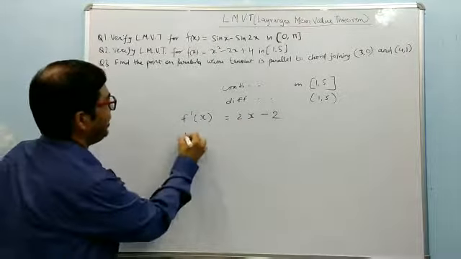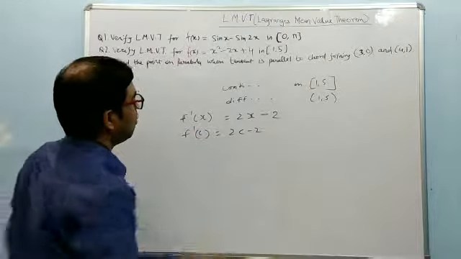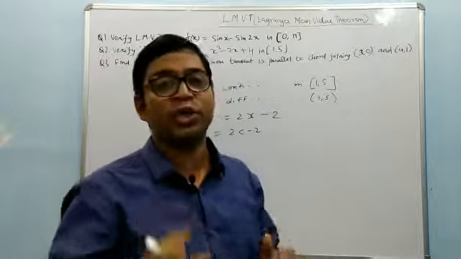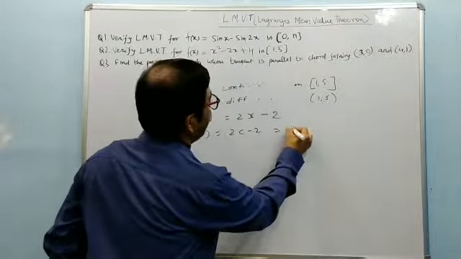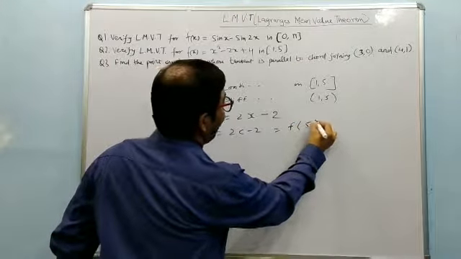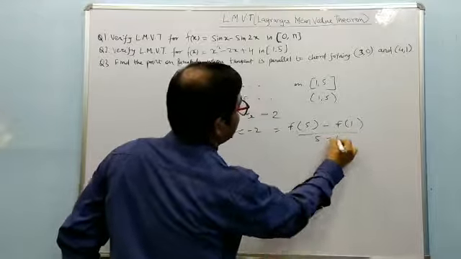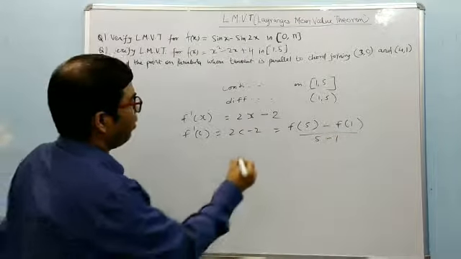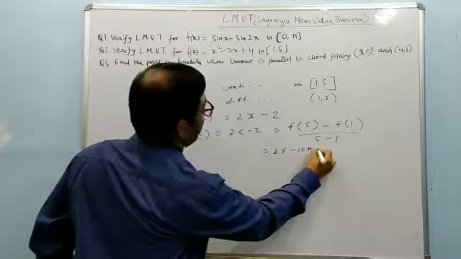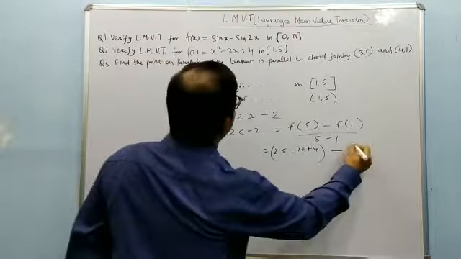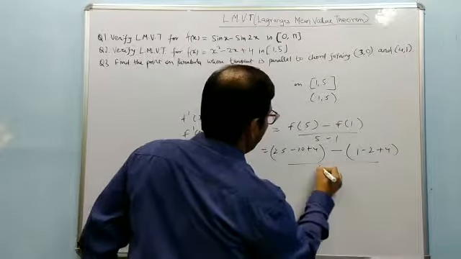So f dash c is 2c minus 2, and f dash c according to LMVT will be equal to (f(b) minus f(a)) by (b minus a). That means (f(5) minus f(1)) by (5 minus 1). f(5) is 25 minus 10 plus 4, minus f(1), which is 1 minus 2 plus 4, by 4.